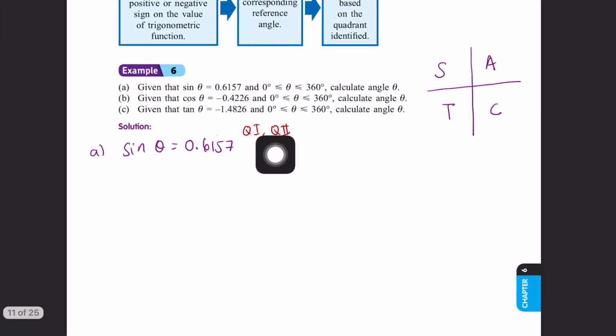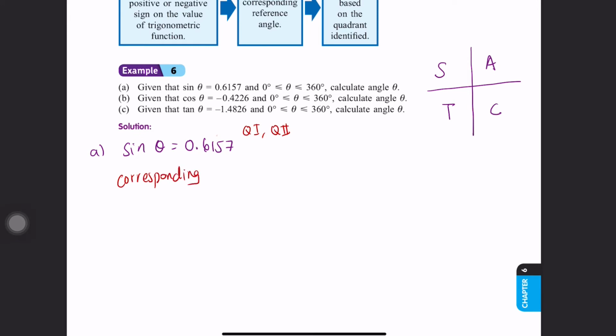Okay, next, first what you need to do, you need to find the corresponding reference angle. Tak ada masalah.